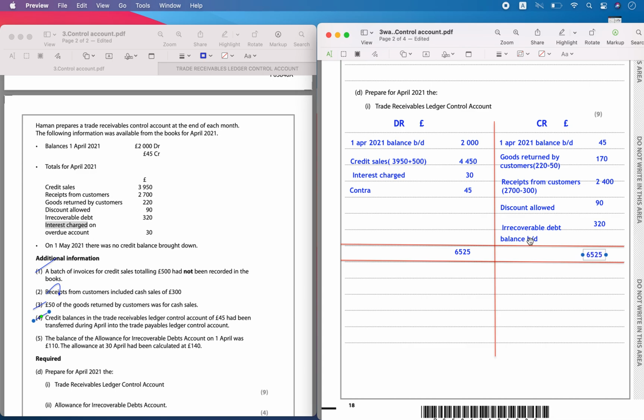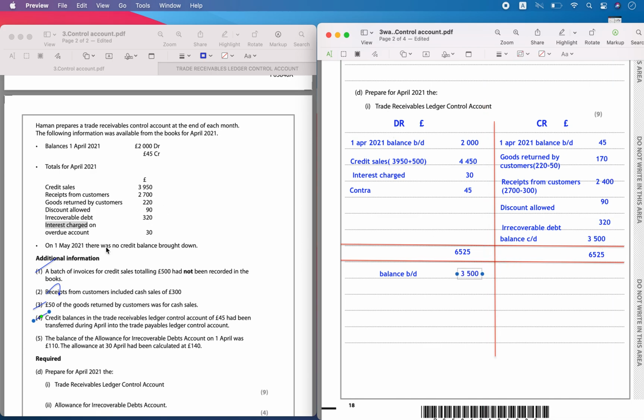So 6525 on both the sides, and the balance carried down will become equal to 6525 minus 45 minus 170 minus 2400 minus 90 minus 320, so that is equal to 3500. So 3500, so that will also be equal to the balance brought down of 3500.